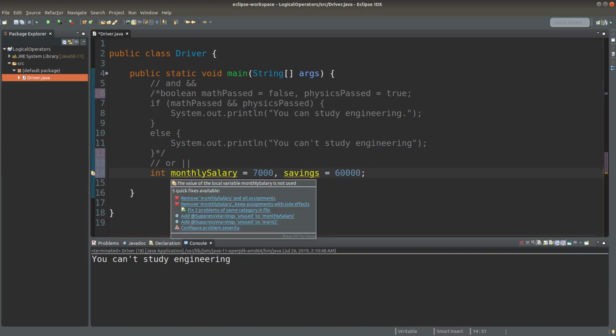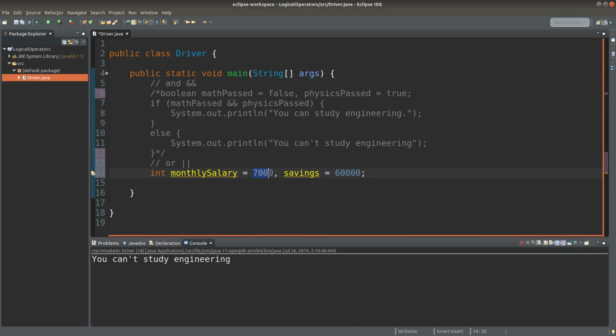One is called monthly salary being initialized as 7,000, and the other primitive is savings, which is initialized to be 60,000.